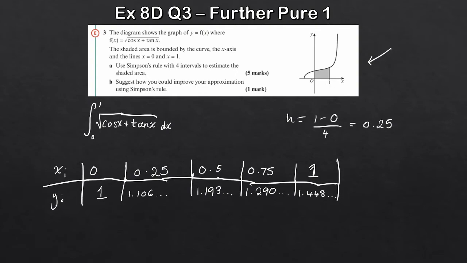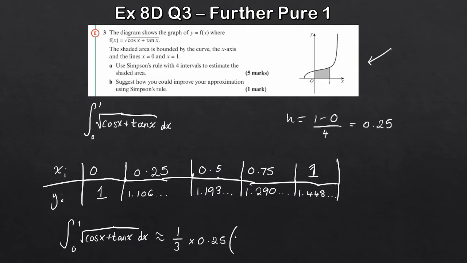Now all we've got to do is the formula. So we're integrating square root of cos x plus tan x dx. So this is going to be approximately a third of h, which is 0.25. So a third times 0.25 multiplied by, remember, the endpoints.